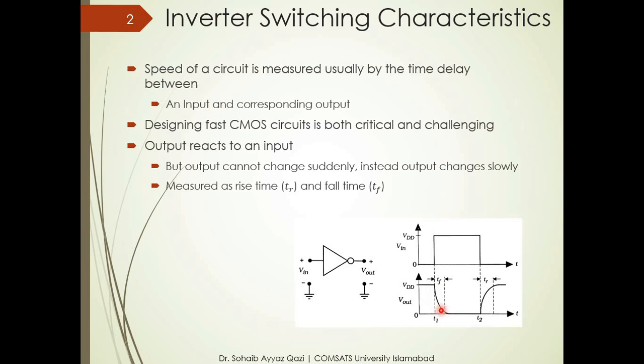We have some fall time, which is the delay when our output changes from high to low voltage, and the other is our rise time, which is the delay when our output changes from 0 to VDD volts. So we have two different times, rise time and fall time, which represent our output delays.